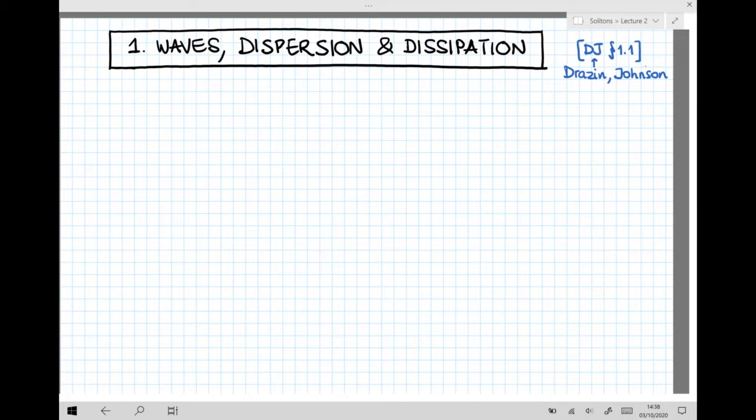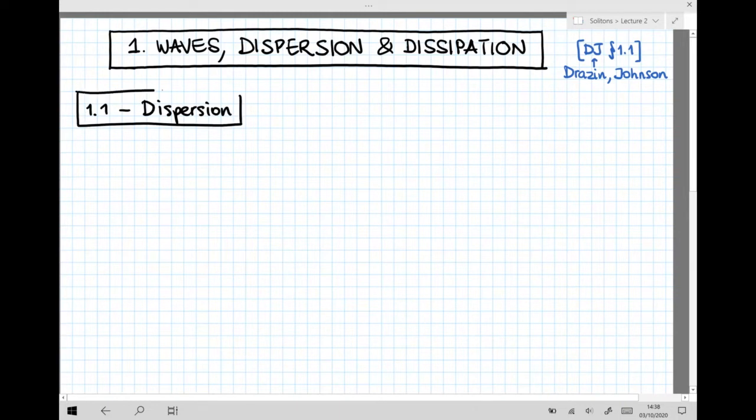So let's start first with section 1.1, which would be about dispersion. So usually, localized waves spread out as they travel.